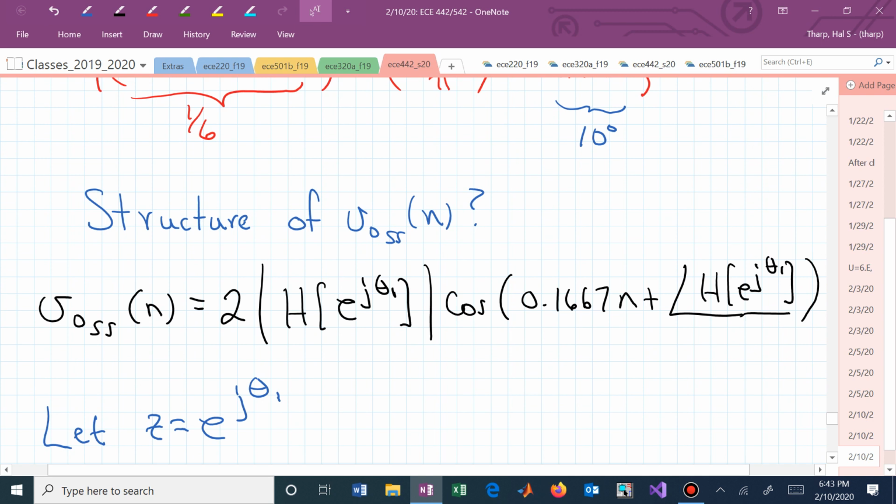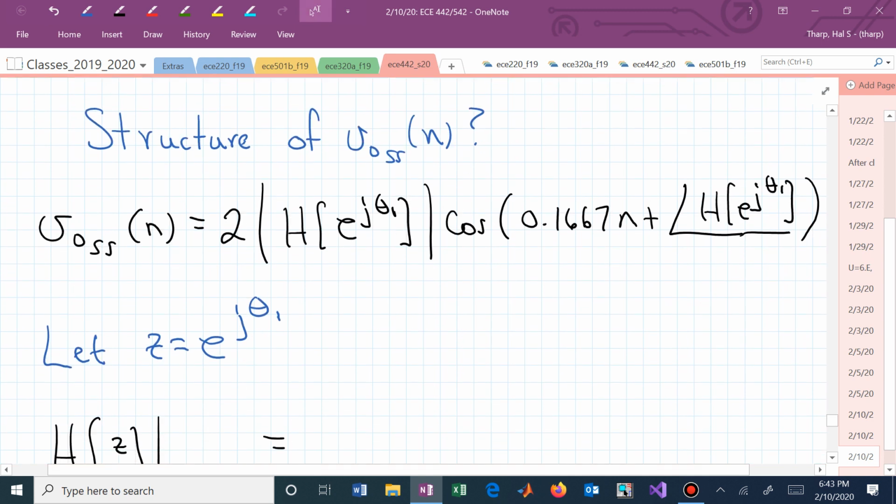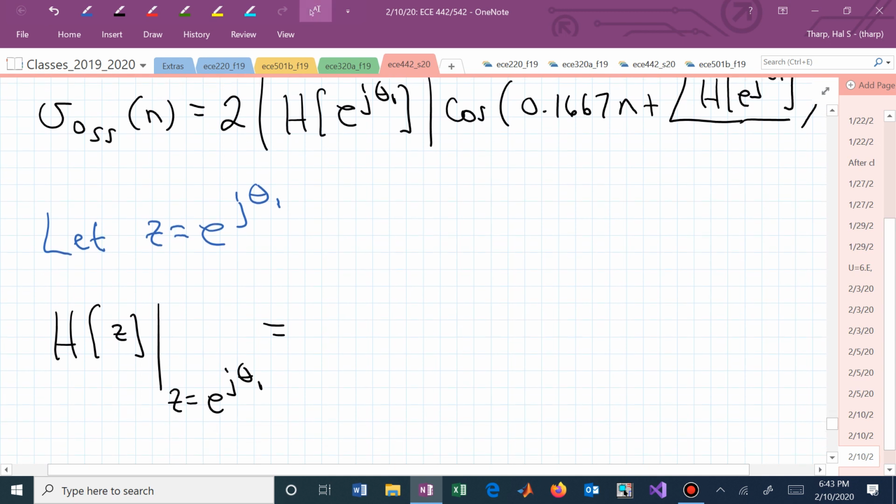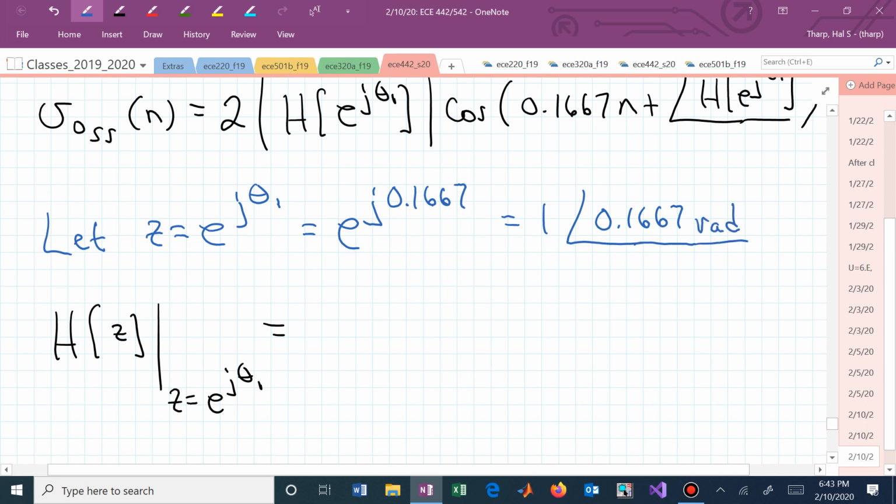If we now let z equal e to the j theta 1, what's H of z? And that's in radians, which is about 10 degrees.